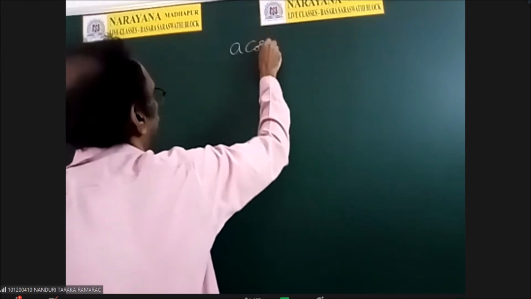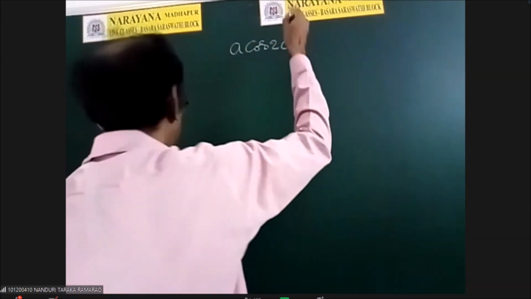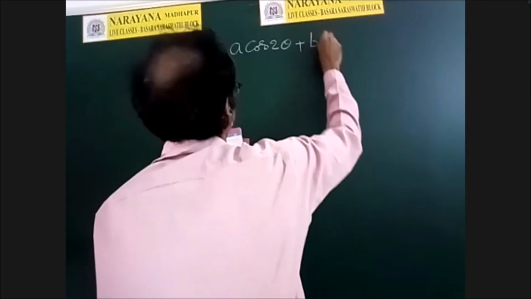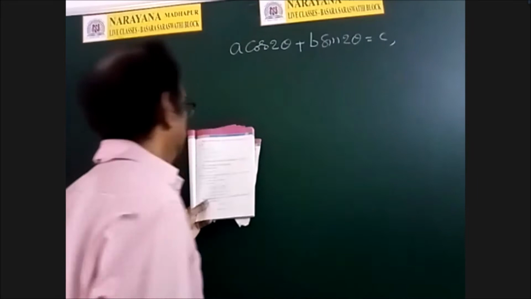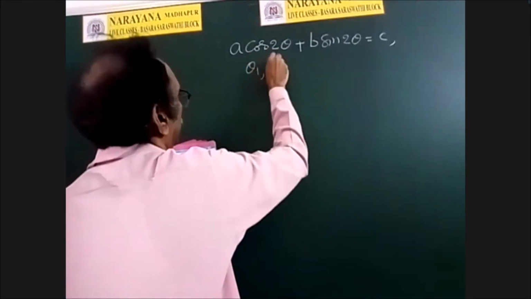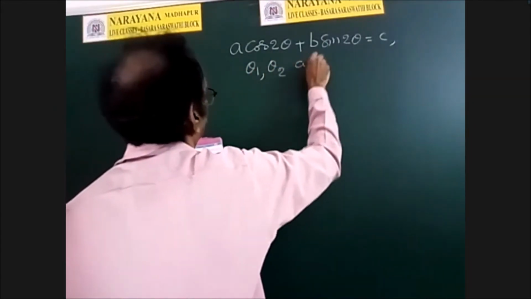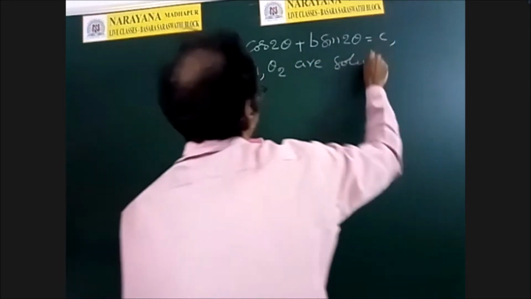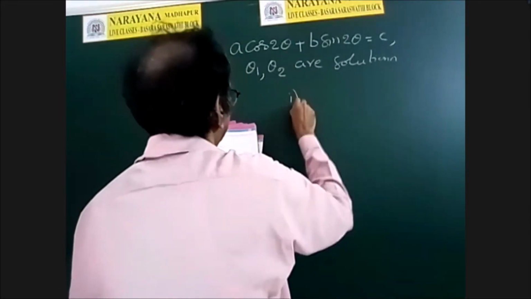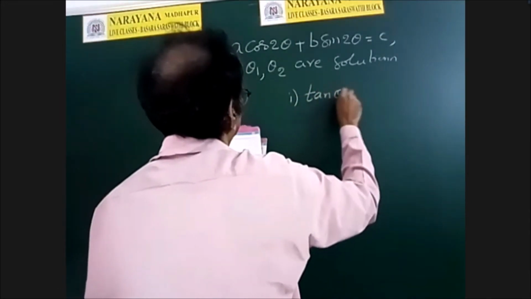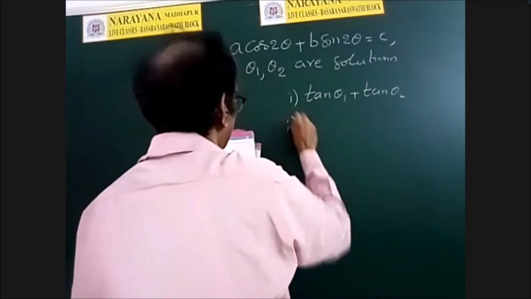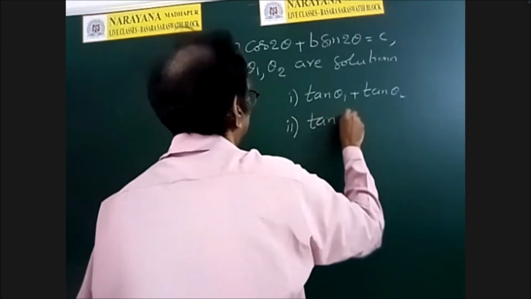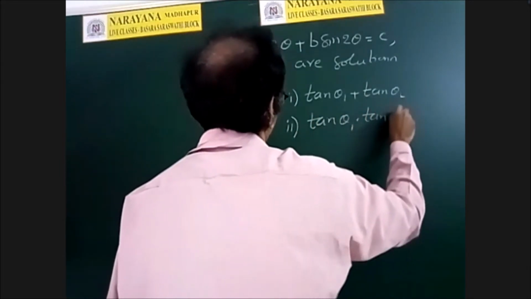A cos 2 theta plus B sin 2 theta is equal to C. Here, given that theta 1, theta 2 are solutions and find tan theta 1 plus tan theta 2. And similarly, find tan theta 1 into tan theta 2.